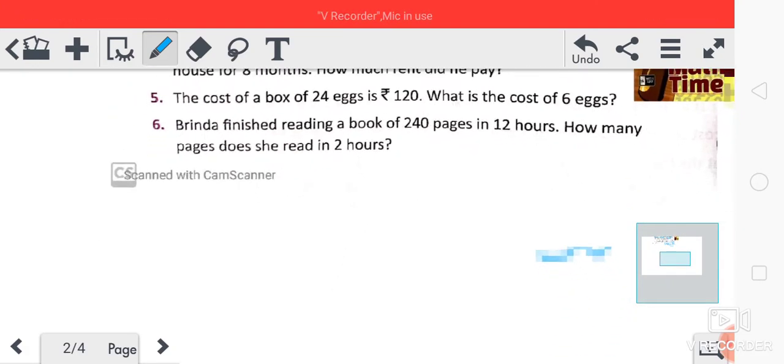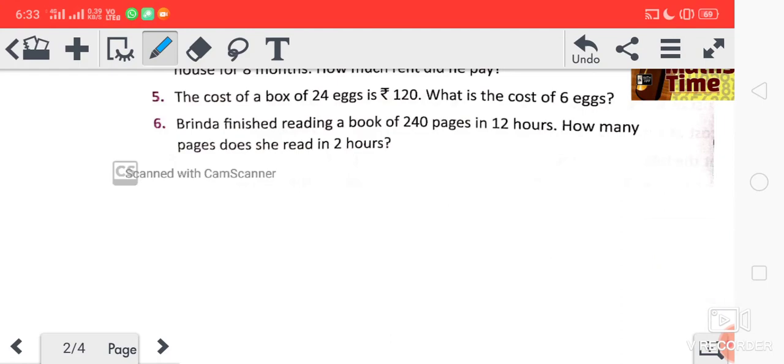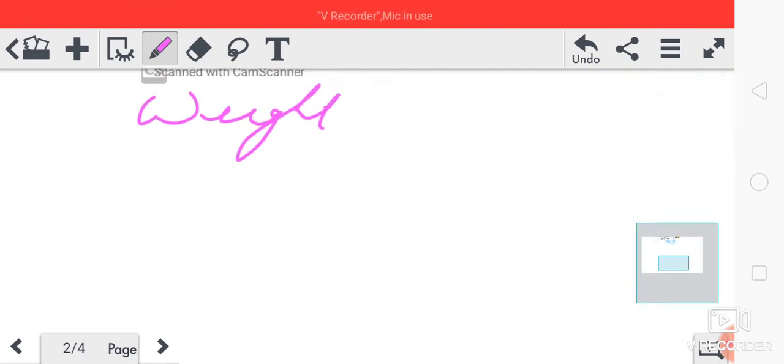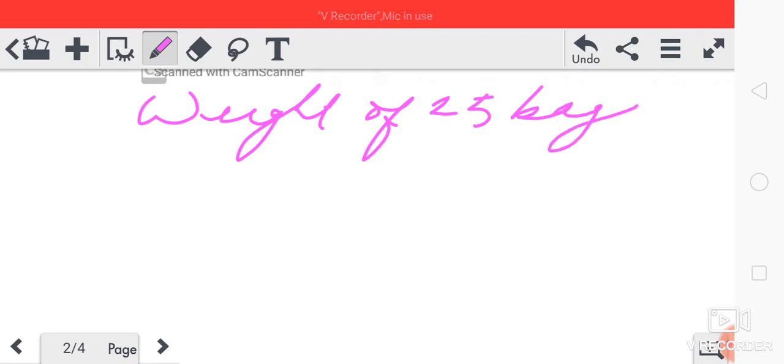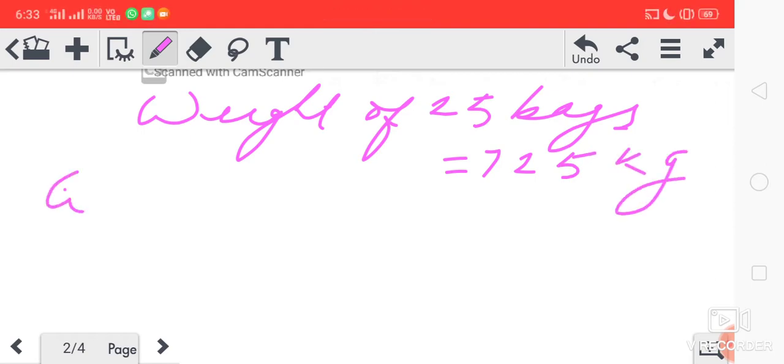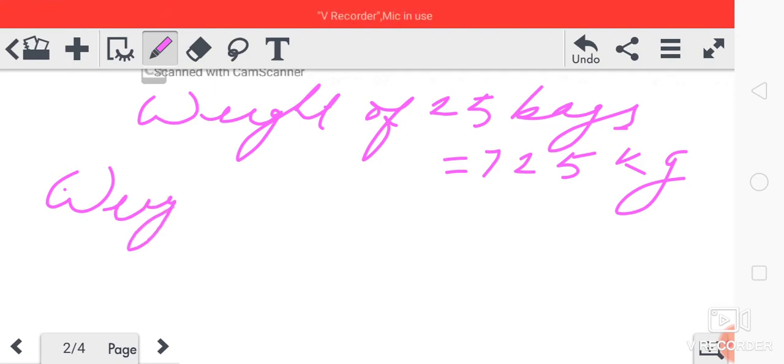So first of all we'll write the weight of 25 bags is given as 725 kg.